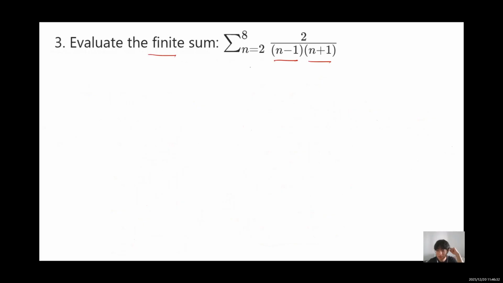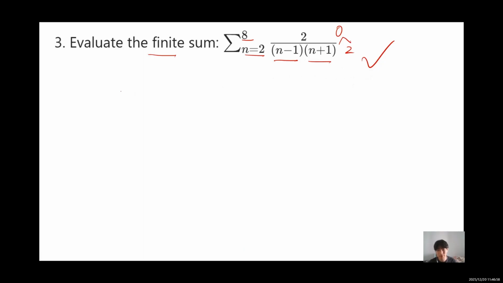First is finite, 2 to 8. And then first check whether it is proper. It's 0, it is 2, 0 is less than 2, so it's proper. We need to do the long division to find the q(x).